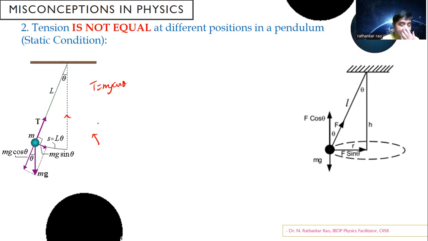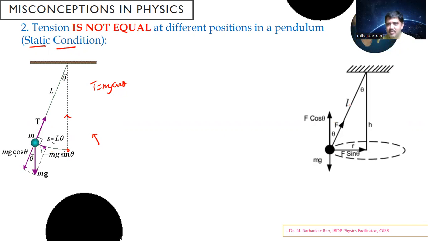This clearly explains that at any position, like static conditions, it is a function of theta. If theta is equal to 30 degrees, I get some value. If theta equals 5 degrees, I get some value. Theta equal to 0 degrees, that means when the bob is at this point, tension will be maximum, equal to mg. So definitely tension is not going to be a constant.